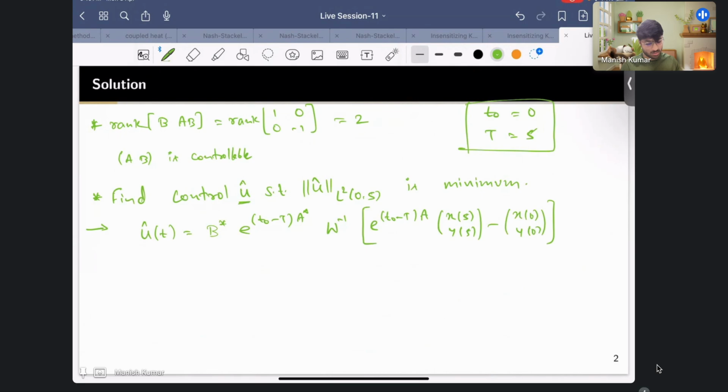When the rank of this matrix is 2, you know that this W matrix is invertible. So what was W? W was given by the integral from T naught to T, where T naught is 0, of e to the power (T naught minus s) A B B star e to the power (T naught minus s) A star ds, correct?